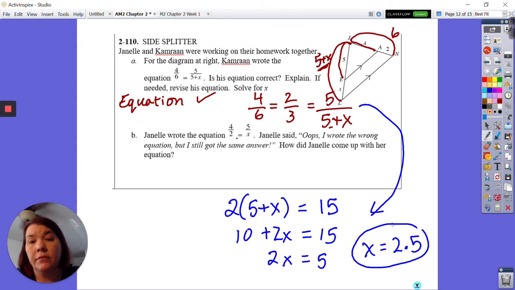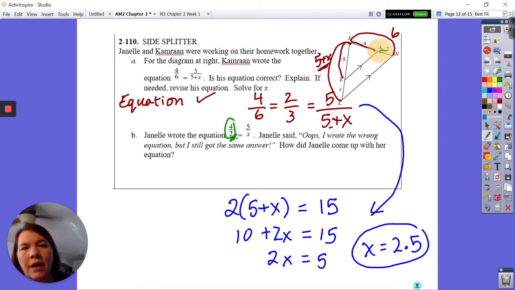So is that okay? Is it going to always work that you can just do that? It seems strange because my problem with Janelle's equation is that 2 is not a whole side. So why is the piece proportional to the whole? That's my problem. Because you've got a piece of a small triangle proportional to a whole.